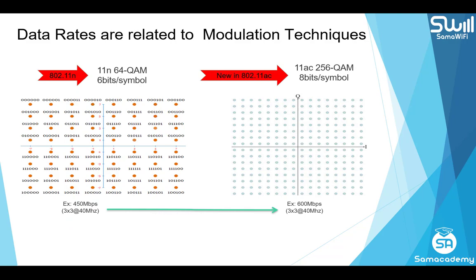The more bits per symbol you are coding, the better data rates you get. So far, we have covered the explanation about these two aspects we mentioned at the beginning of the presentation, range and data rates. Now we need to understand how they are related.